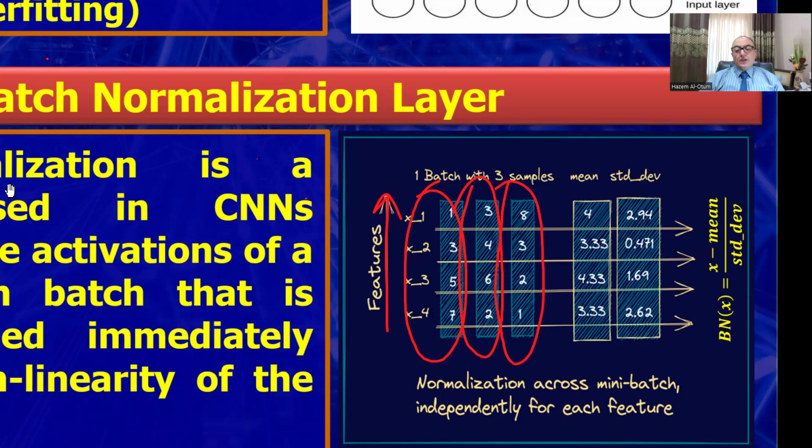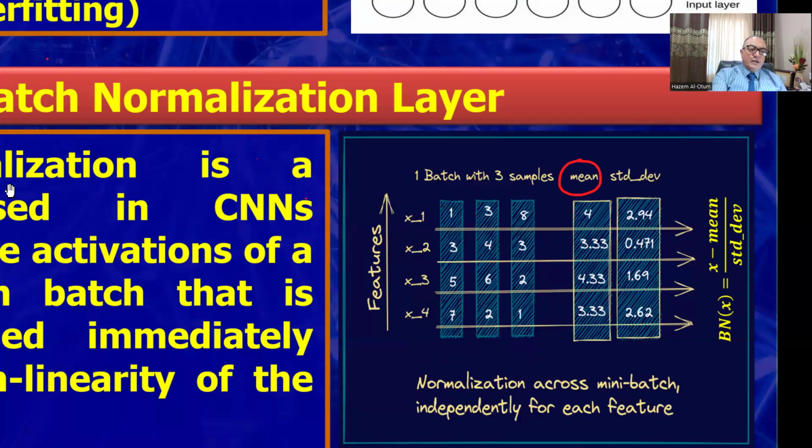And we want to find the batch normalization, or the normalization step. We first find the mean. The mean will be 1 plus 3 plus 8 divided by 3. Next, we repeat for this one, and so on.